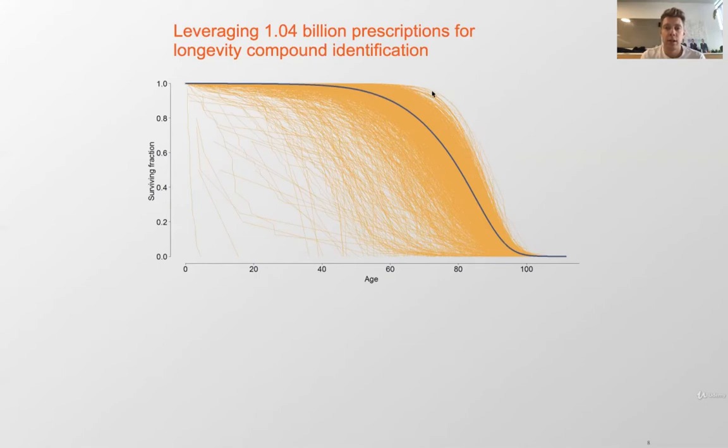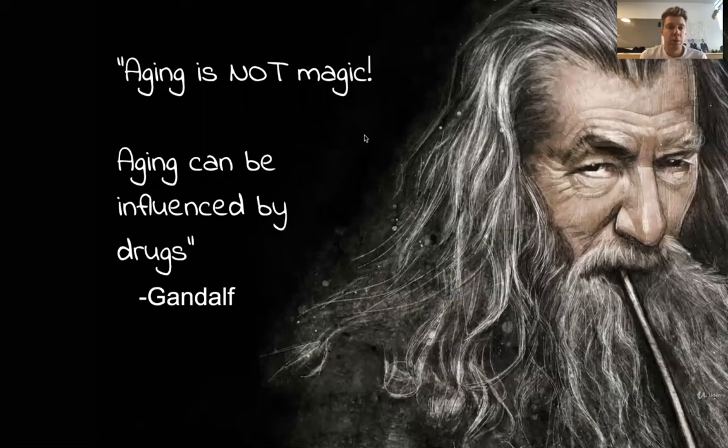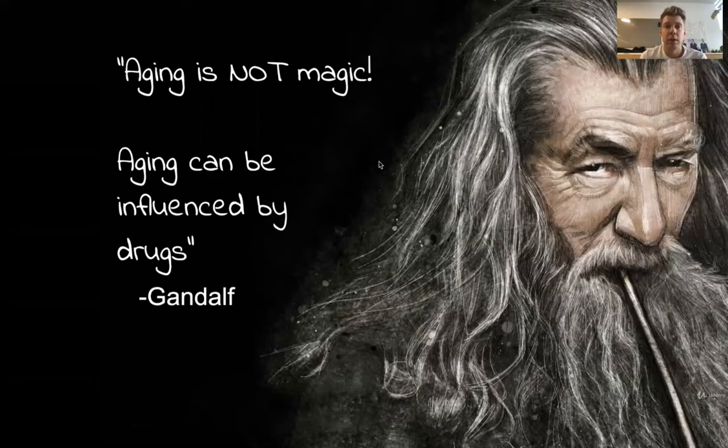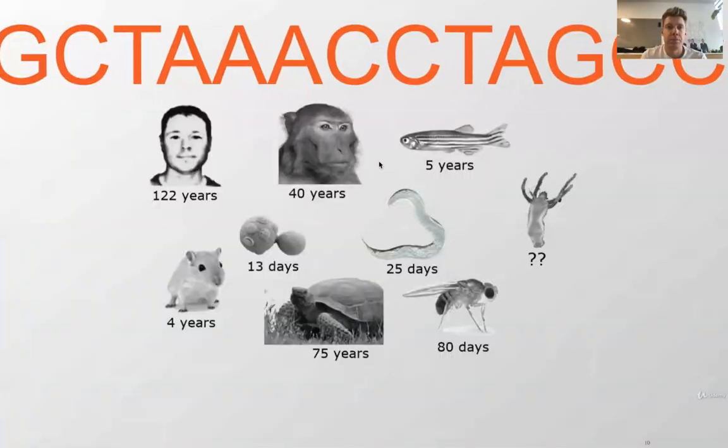So each line here represents a group of people that have taken one prescription drug. And so you can see that there are certain drugs that are associated with longevity and certain drugs that are associated with shorter lifespan. So one point is that aging here is not magic, it actually can be influenced by, for example, environmental factors such as drug intake.